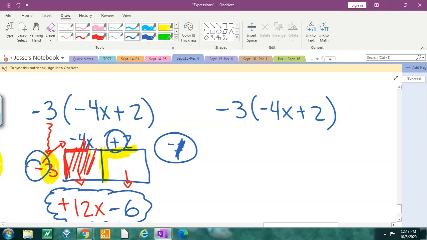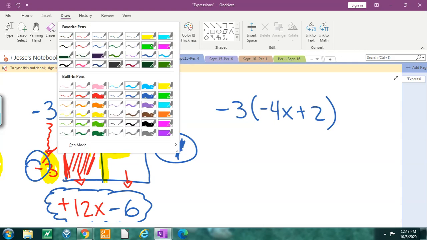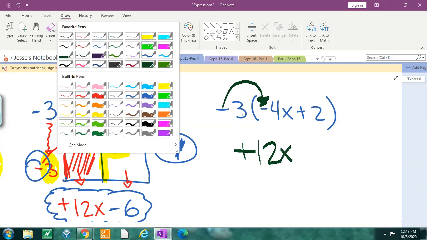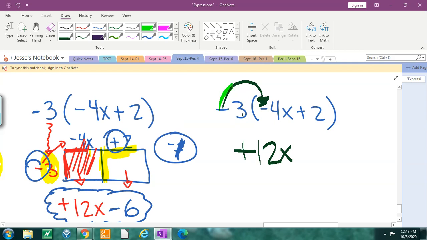Now, the other way that they do the arrows, it's fine, but I don't like it because you get the signs wrong. Go ahead and do the arrow, sign with the sign. Negative times negative is positive. 3 times 4x is 12x. And then the other one, the negative times the positive: do the sign first.